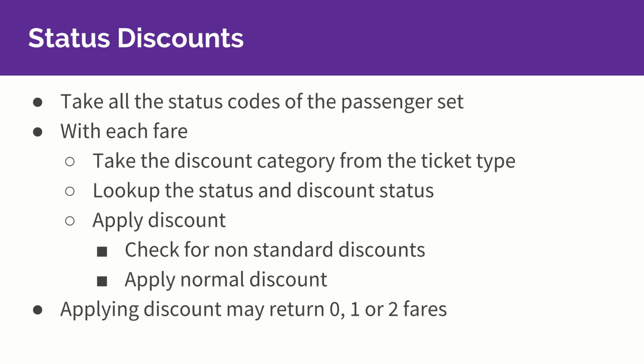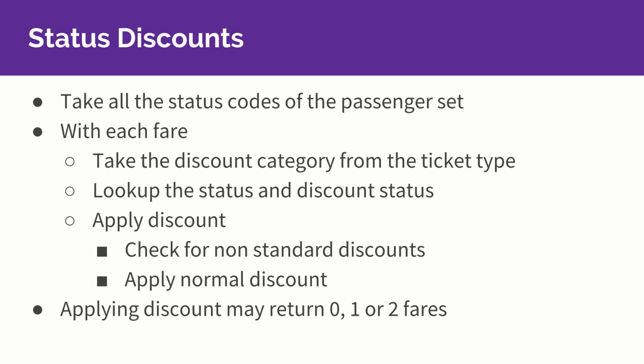And at that point, this is a design decision that I made and other people have done differently. I basically say that the application of a discount or a status to a fare results in a new fare. And that can in fact be 0, 1 or 2 fares when you apply it.